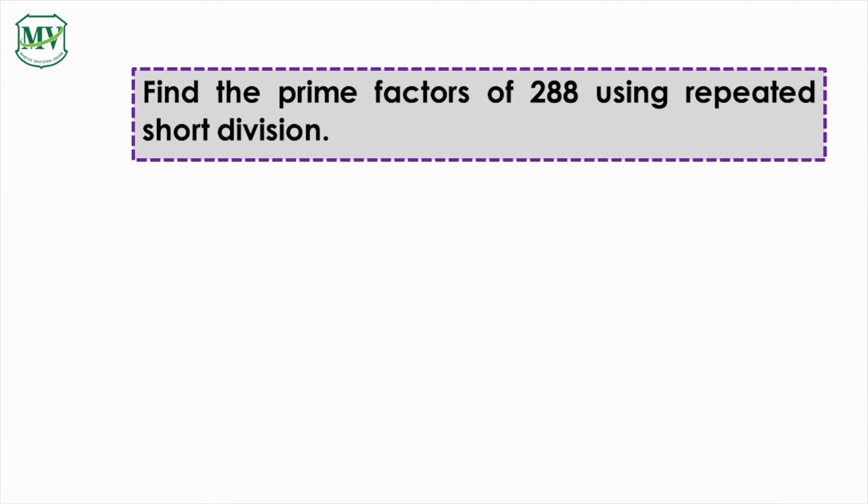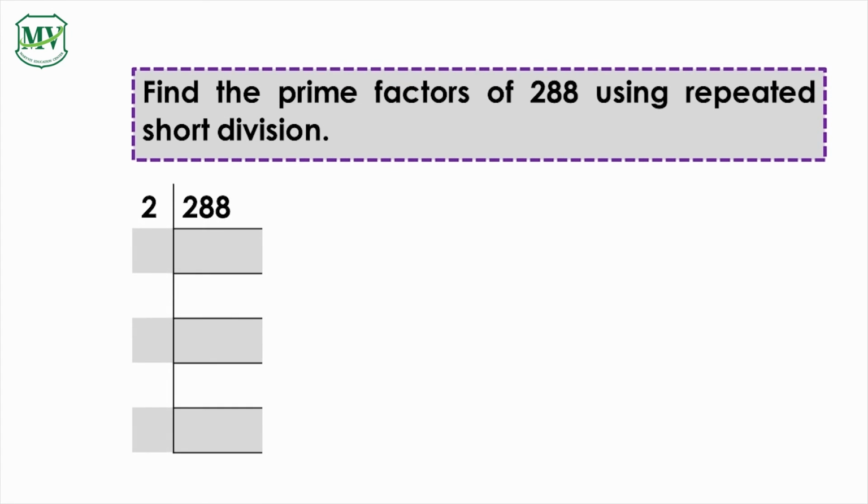So, let's discuss our answers. 288 divided by 2 is 144. 144 is not a prime number, so let us factor out 144. What prime number can divide 144?